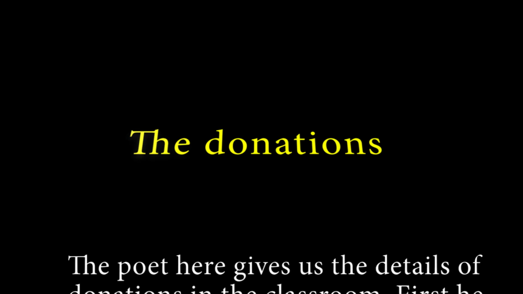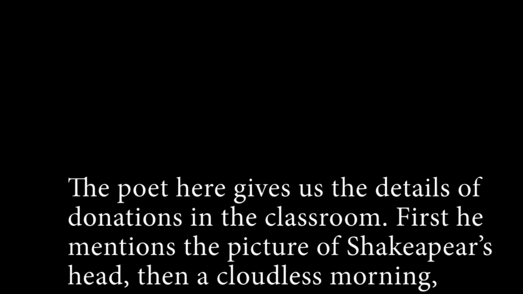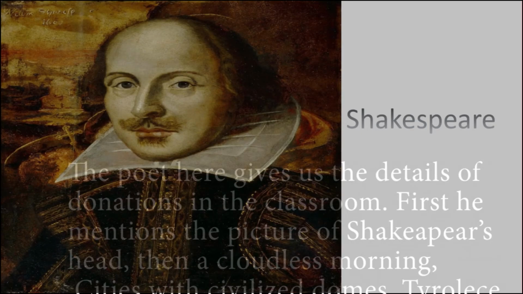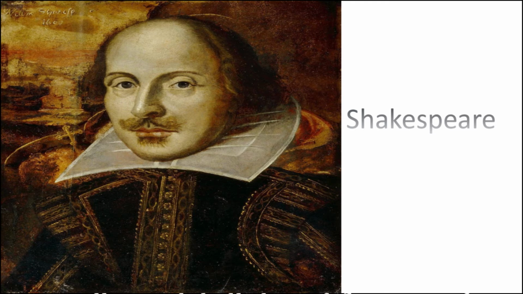The poet here gives us the details of donations in the classroom. First, he mentions the picture of Shakespeare, a passport size photograph. It is the shoulder and the head.